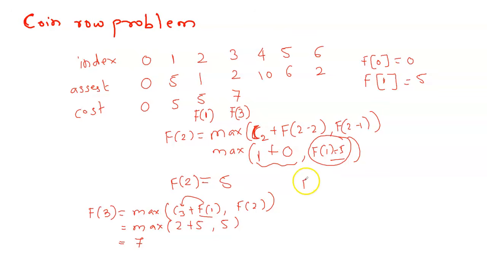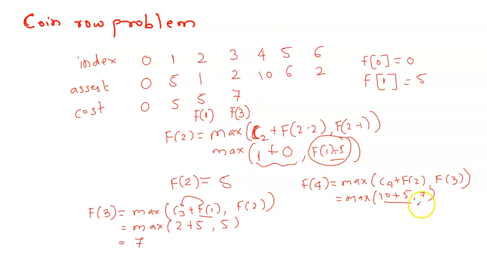I'll write f4 directly. If you apply the formula, f4 is max of C4 plus f2, comma f3. So this is max of C4, whose value is 10, plus the f2 value, 5, comma the value of f3, which is 7.